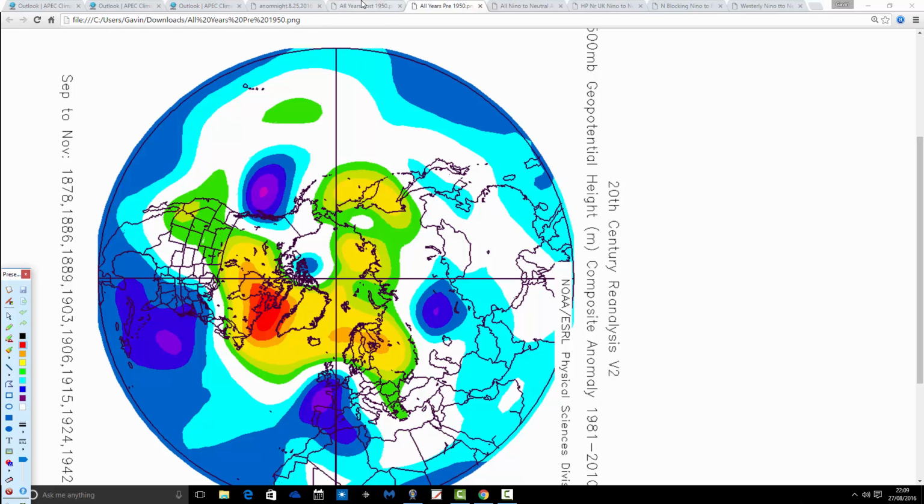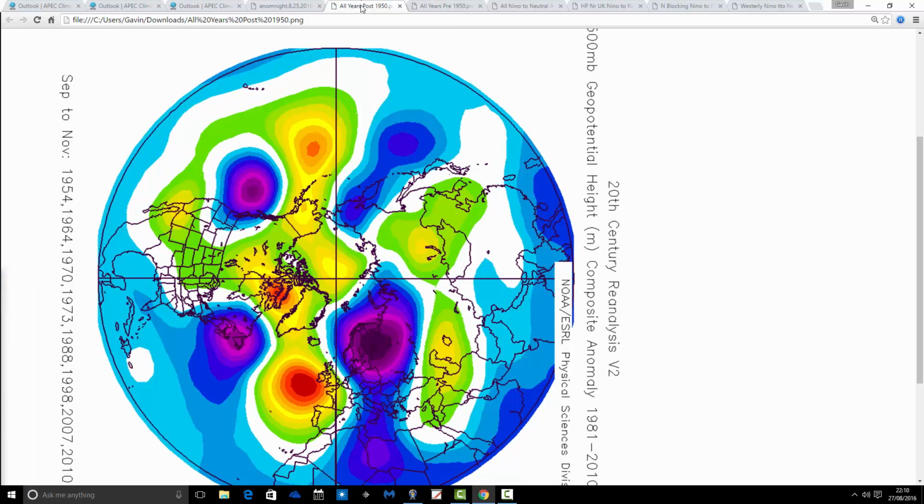Now, the autumns after 1950 that do this Nino to Nina flip. So they're La Nina autumns, but they've come out of an El Nino at the start of the year. And these are all after 1950. They look somewhat different. There are still areas of above average heights to the north, but actually the centre of that above average heights is just to the west of the UK now.